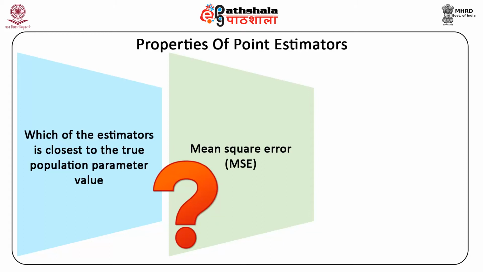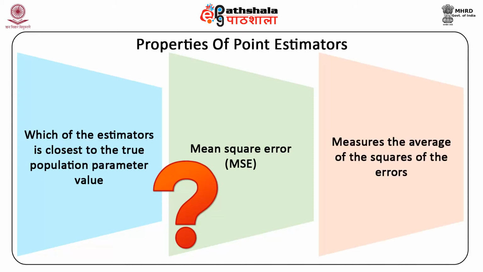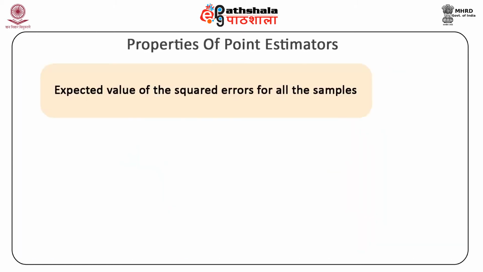In statistics, the mean square error of an estimator measures the average of the squares of the errors, that is, the difference between the estimator and what is actually estimated. It is the expected value of the squared errors for all the samples.